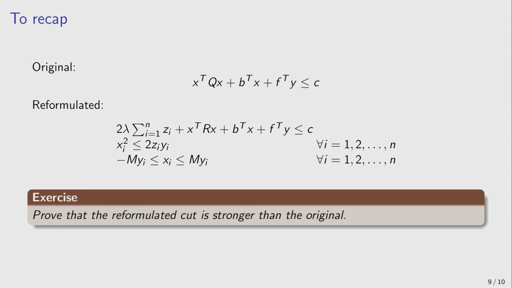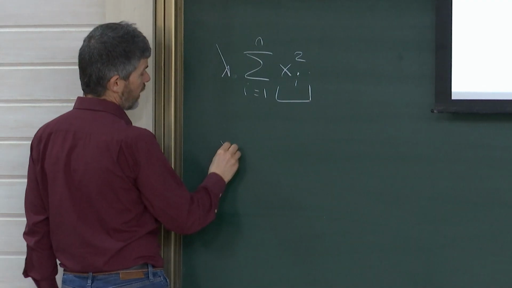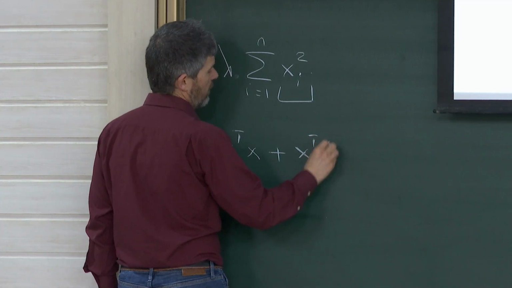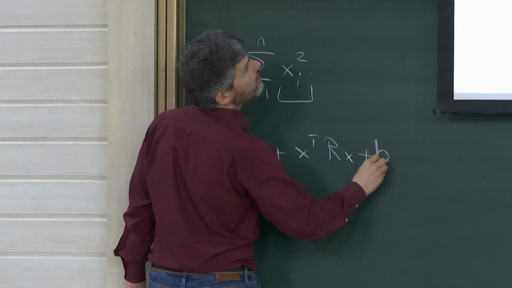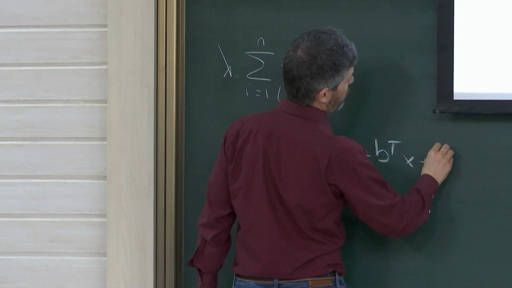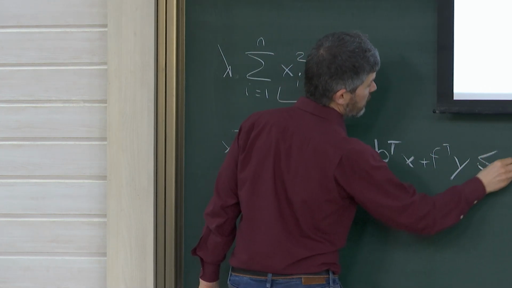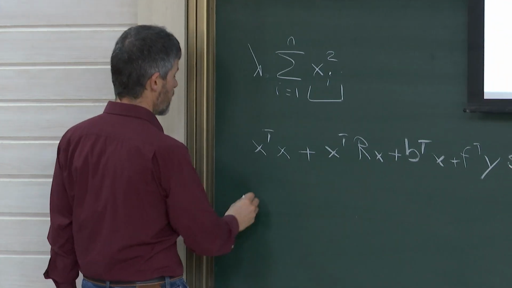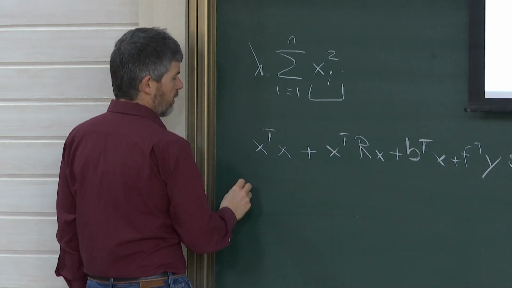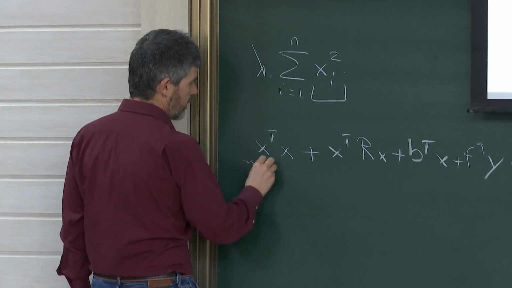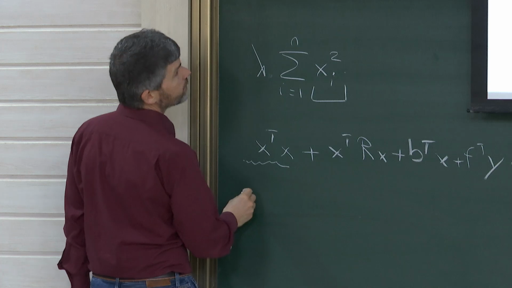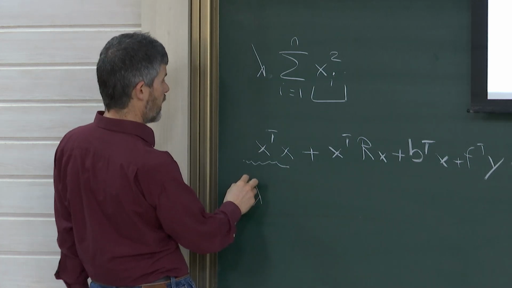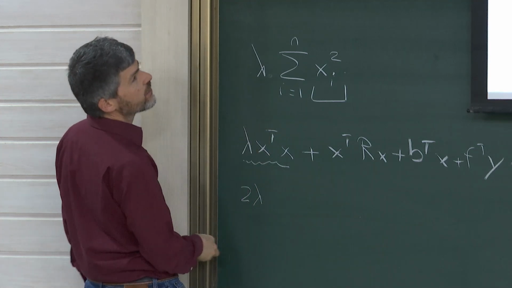Why? We could rewrite the first one and say lambda x transpose x plus x transpose R x plus b transpose x plus f transpose y less or equal than c. This is the first inequality. The second inequality is only differing in this term, which becomes 2 lambda. Wait a second. This should be a lambda times x transpose x. Sorry.